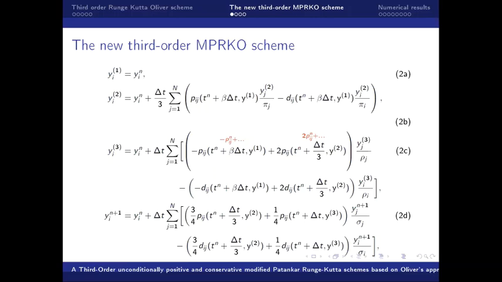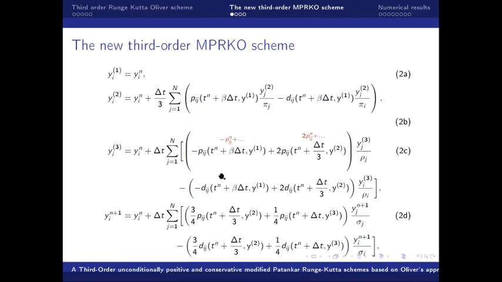I'd suggest you multiply this minus Pij term with the Patankar weight with index I, yi3 over rho I. Usually you multiply destruction terms with the Patankar weights with index I and the production terms with index J. Because of the negative Runge-Kutta parameter, production and destruction change, so you have to multiply your P term with the Patankar weight with index I and vice versa for the destruction term.